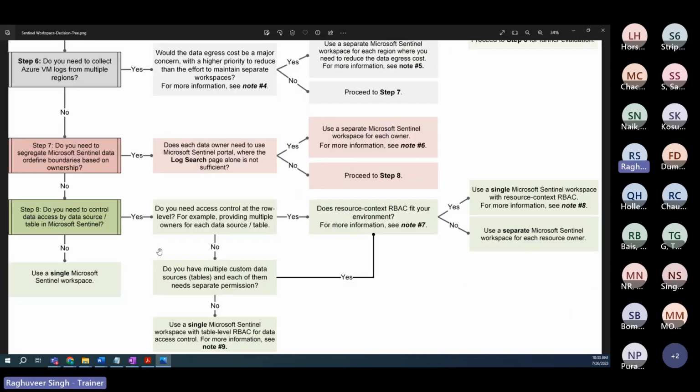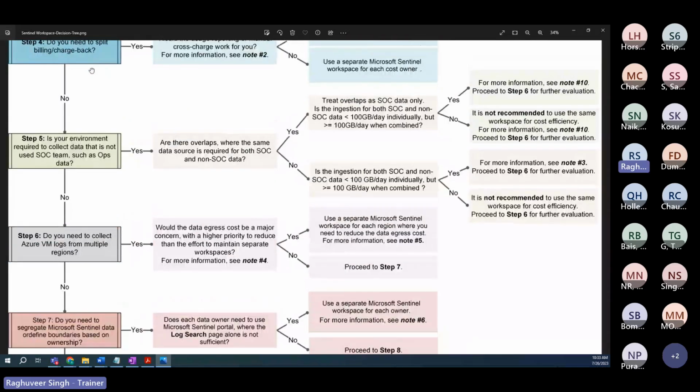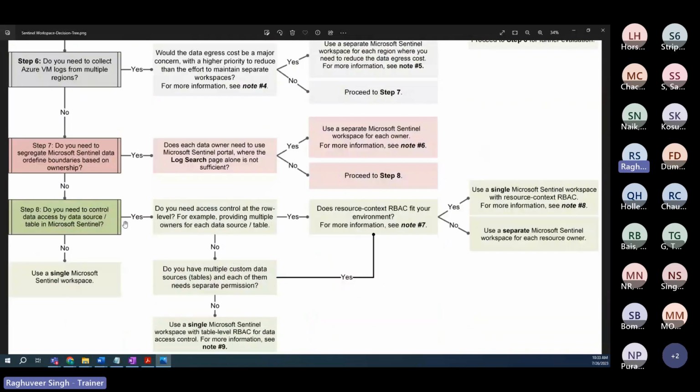And if the answer to all the questions that I have started asking from top was no, no, no, then in the end, you have a decision, which is use a single Microsoft Sentinel workspace. If you fall in none of those cases, then you will use a single Sentinel workspace.